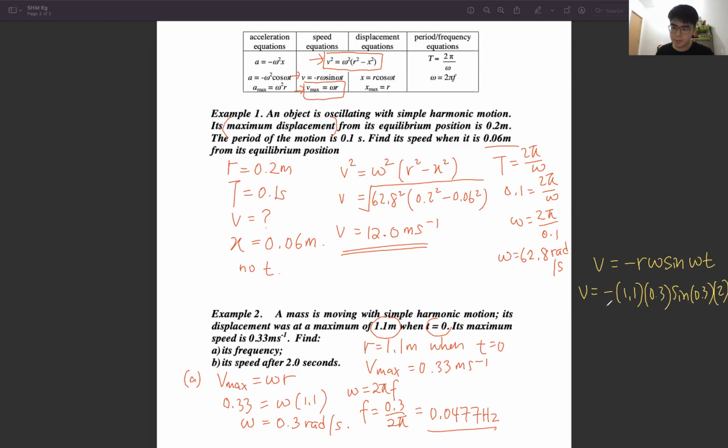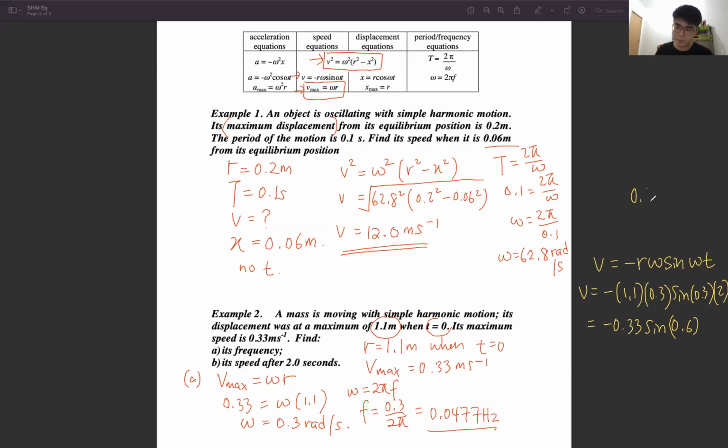Okay, so this one, 0.33, we put it as minus 0.33 sine 0.6. Again, this one is in radian, so you change to degree: 0.6 times 180 divided by pi.